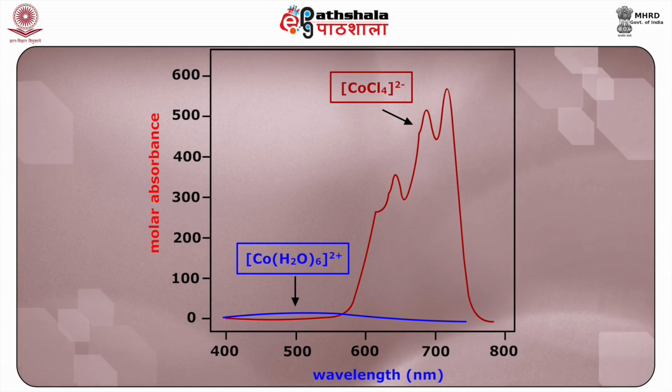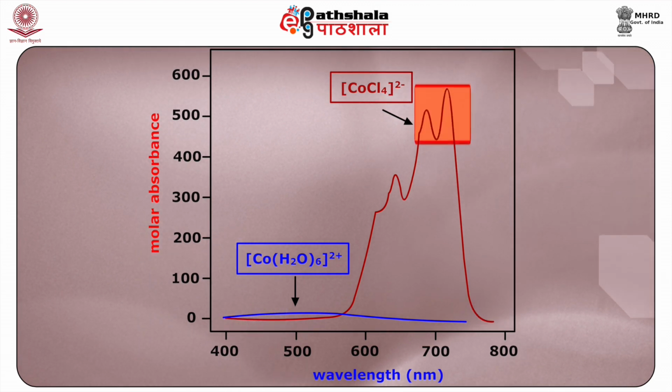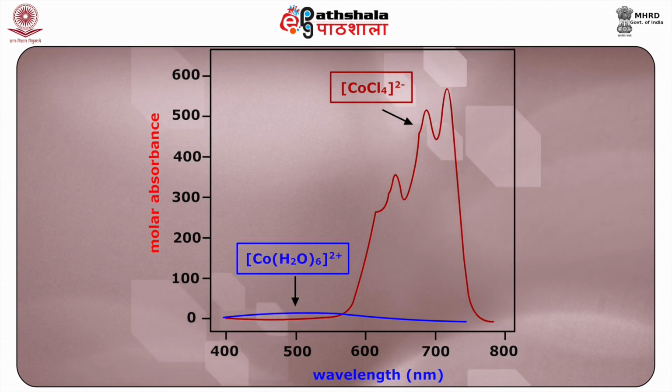Because of this d and p mixing, the Laporte selection rule is relaxed. Hence, tetrahedral complexes are often more intensely colored in comparison to their octahedral counterparts. This is actually a consequence of Laporte relaxation.